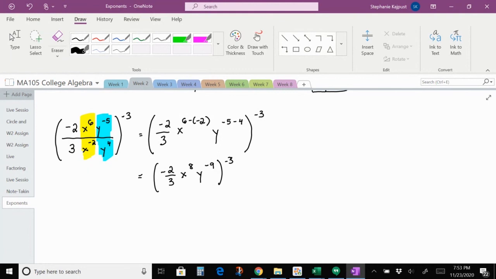So once I simplify inside, order of operations says exponent, so that's where we're going to distribute our exponent. So the -2/3 is going to get that exponent, the x to the 8 is going to get the exponent, y to the -9 is going to get the exponent.